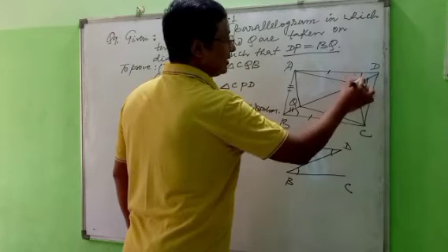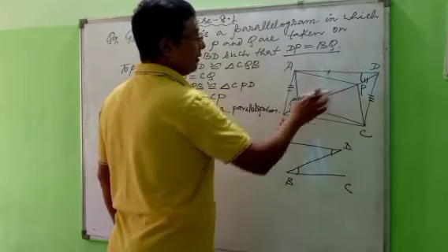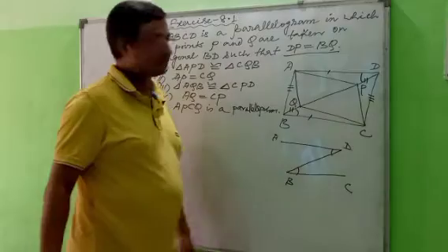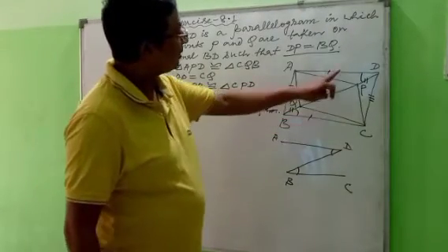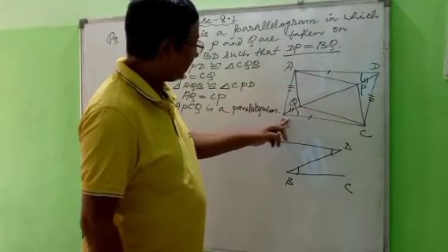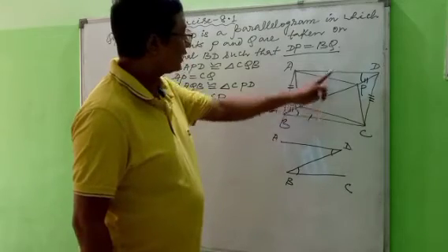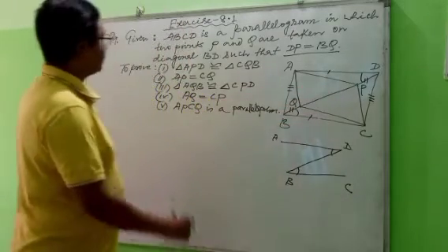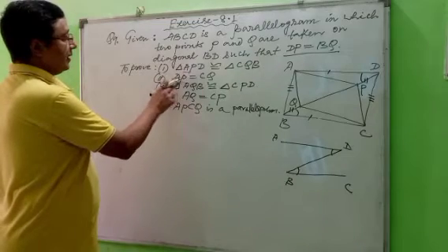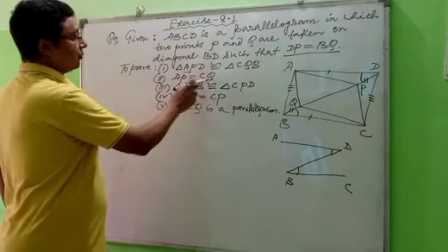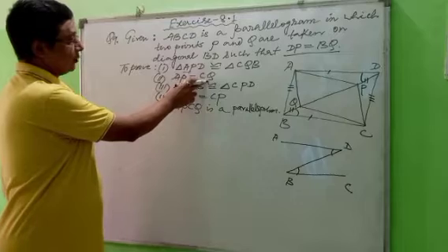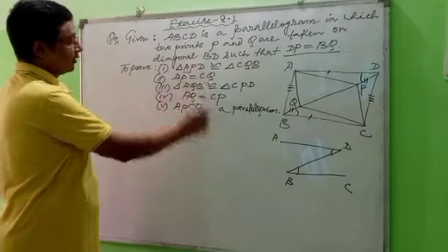That is why these two triangles are congruent by side, angle, side. Now, since these two triangles are congruent, you will get AB equals CQ. This is by CPCT, corresponding parts of congruent triangles.